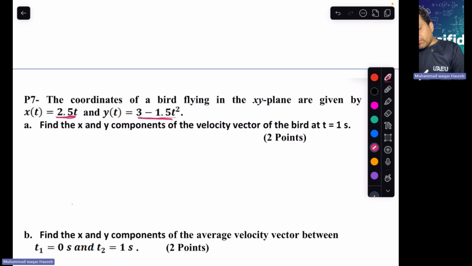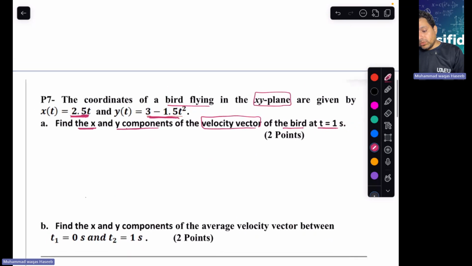The coordinates of a bird flying in the xy plane, so it's a 2D problem, are given by the position x and position y. Find the x component and the y component of the velocity vector of the bird at t equals 1 second.